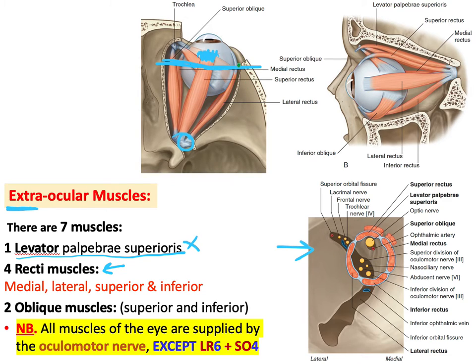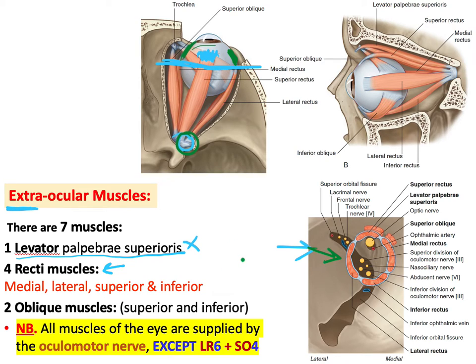The lateral rectus also inserted here, in the anterior half of sclera. Medial rectus also inserted here. So all the recti muscles inserted on the anterior half of sclera. This is number 1. All they are originated from the common tendinous ring, as you see here.